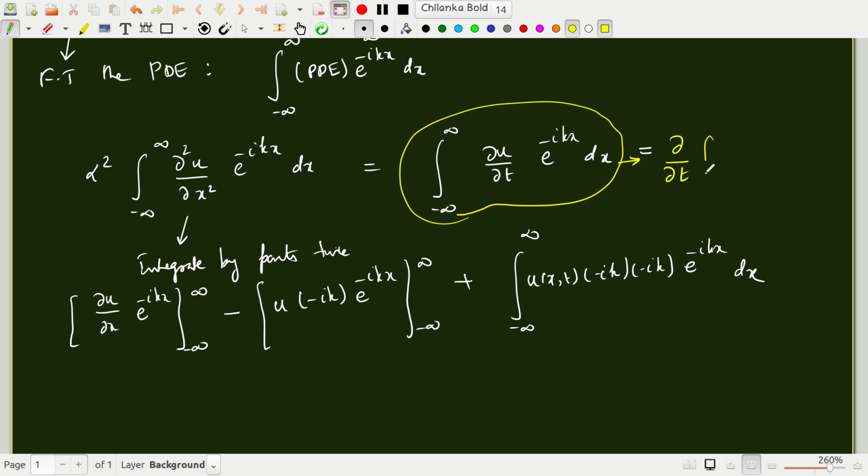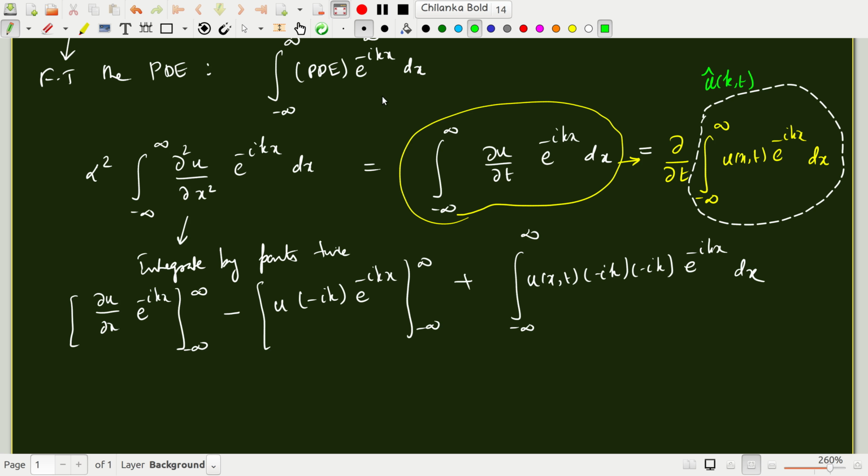So partial t of the integral from minus infinity to infinity of u of x, t e to the minus ikx dx, and you know that this is nothing but u hat of k, t. This is the definition of the Fourier transform.